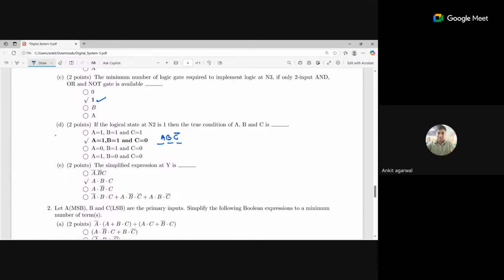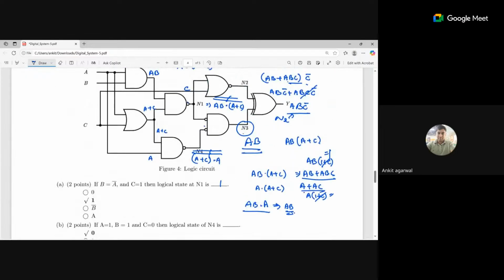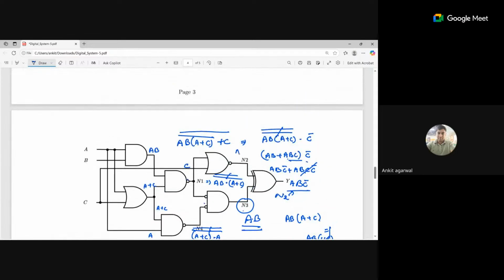We are getting N2 as A B C bar, and N3 is already AB, so that is the XOR. So A B C bar, A B bar plus A B C bar whole bar dot A.